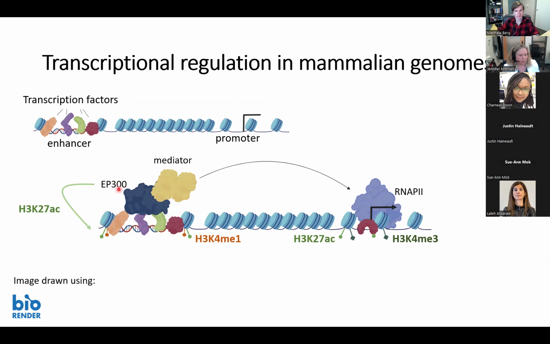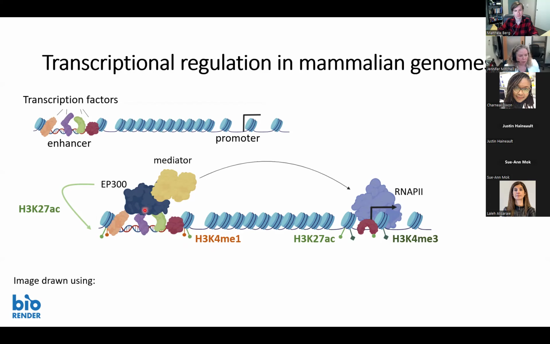This enzyme will put a lysine 27 acetylation onto histone H3. It also acetylates a number of other proteins, but the histone acetylation is most well studied in terms of enhancers. Enhancers are also associated with other histone modifications. The second most prevalent one is histone H3 lysine 4 monomethylation that's often found at active enhancers.